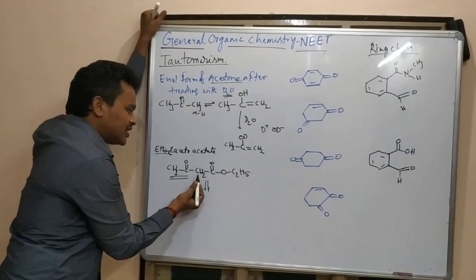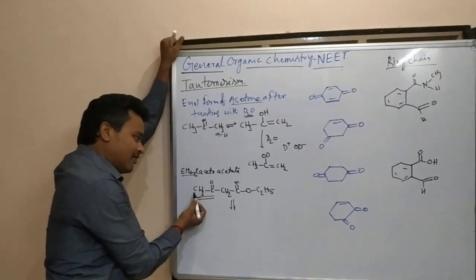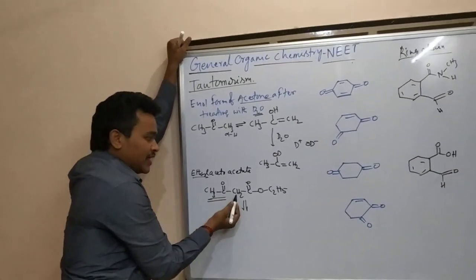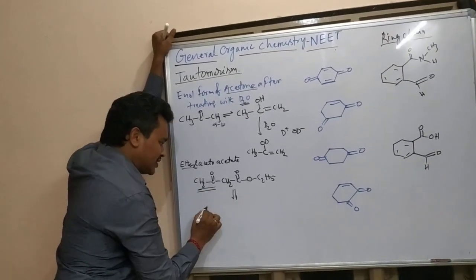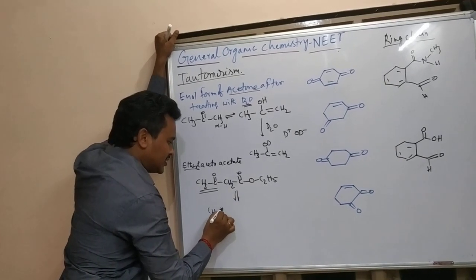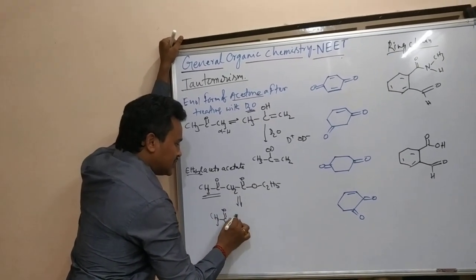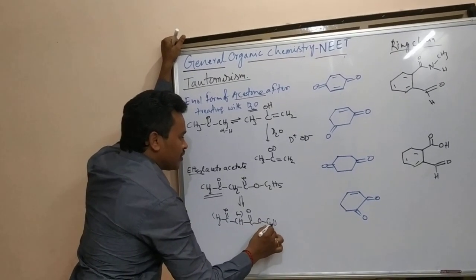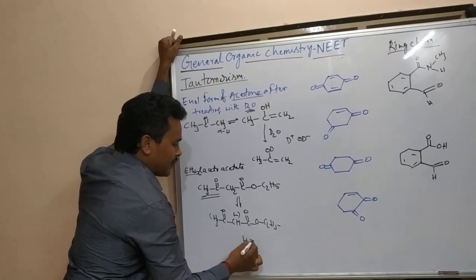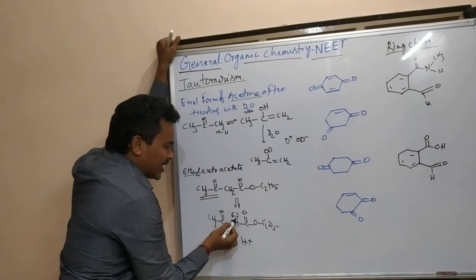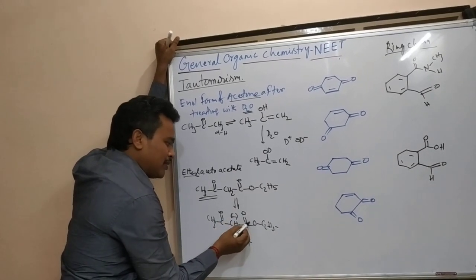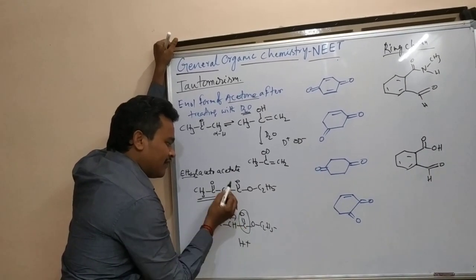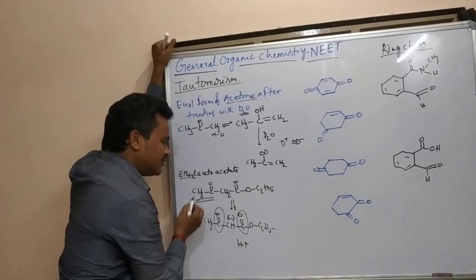Which are more acidic? These are more acidic comparatively with this. Because if you remove this H plus, what will happen? CH3 C double bond O, CH minus, C double bond O, OC2H5. H plus comes out. This minus can be stabilized by this withdrawing group and this withdrawing group.